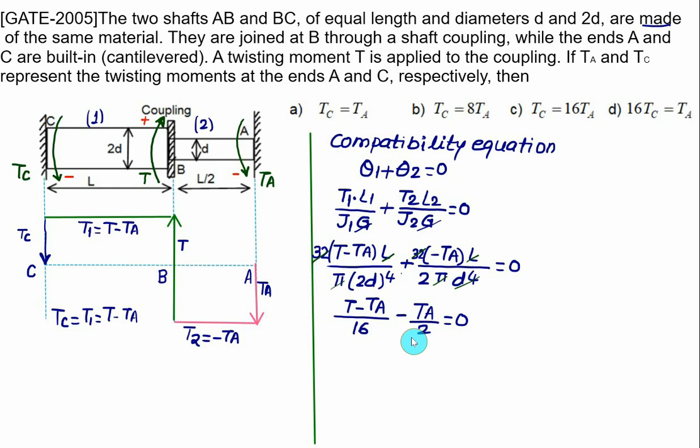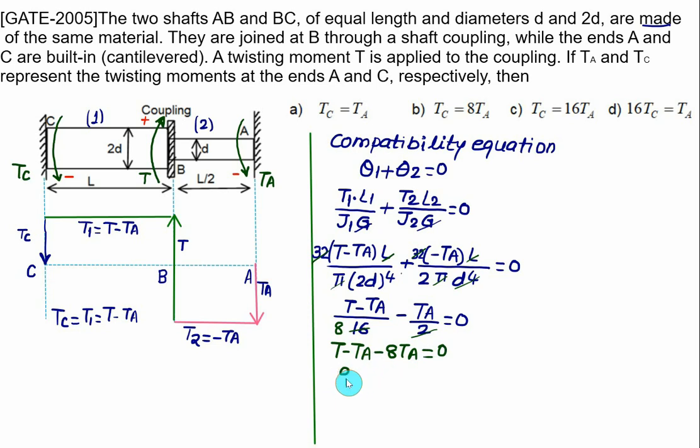So this 2 is again cancelled with 16. We are left here with 8. We cross multiply and solve this. So we get T minus TA, this 8 is multiplied, minus 8 times TA equal to 0. So this one is a total of 9 times TA.